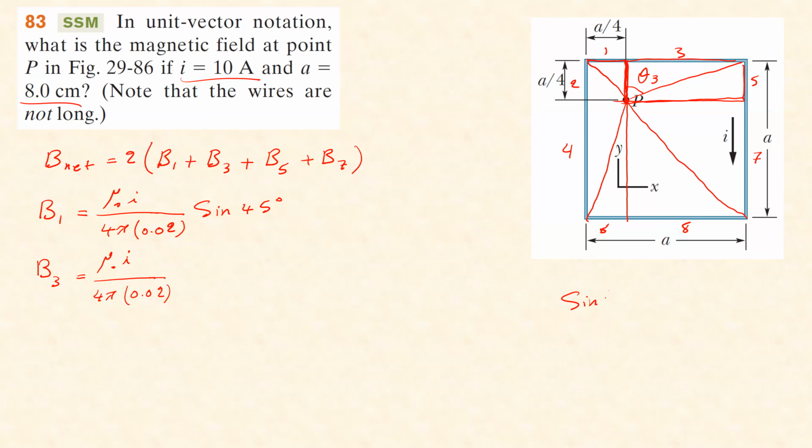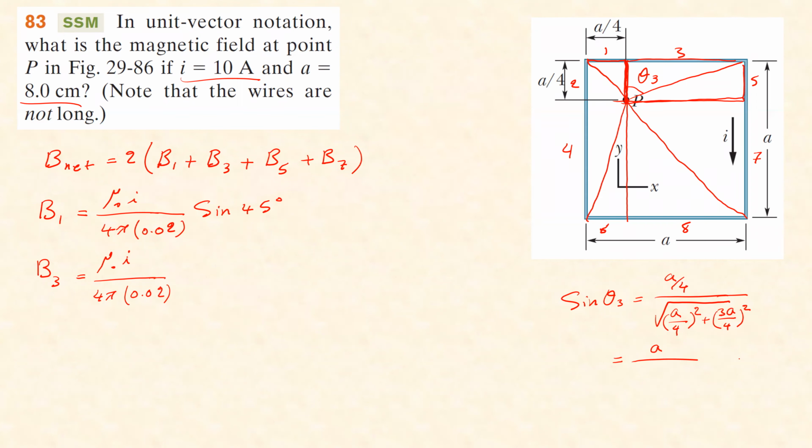Sine of θ3 is adjacent, which is A over 4 divided by square root of A over 4 squared plus 3A over 4 squared. And you see here, I can multiply both numerator and denominator by 4.